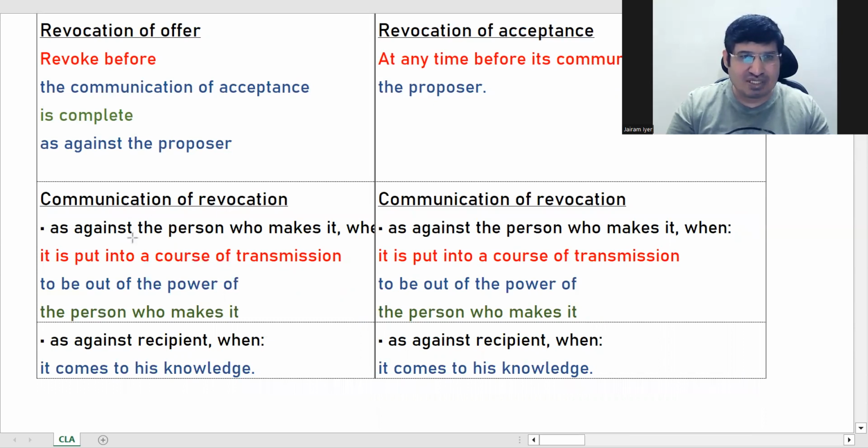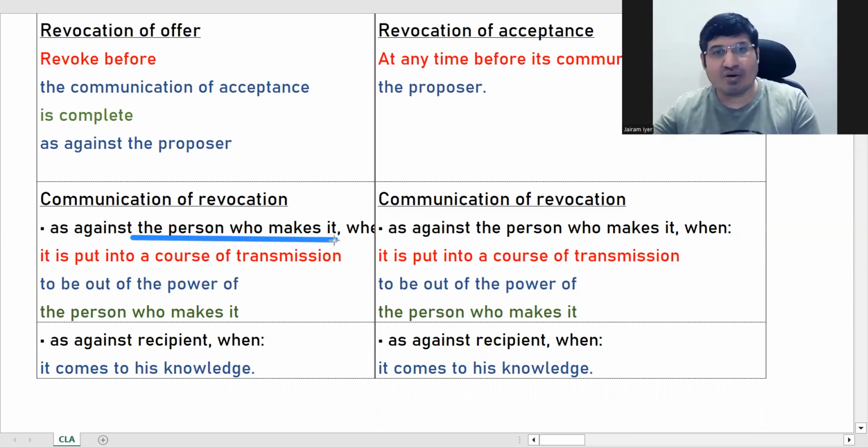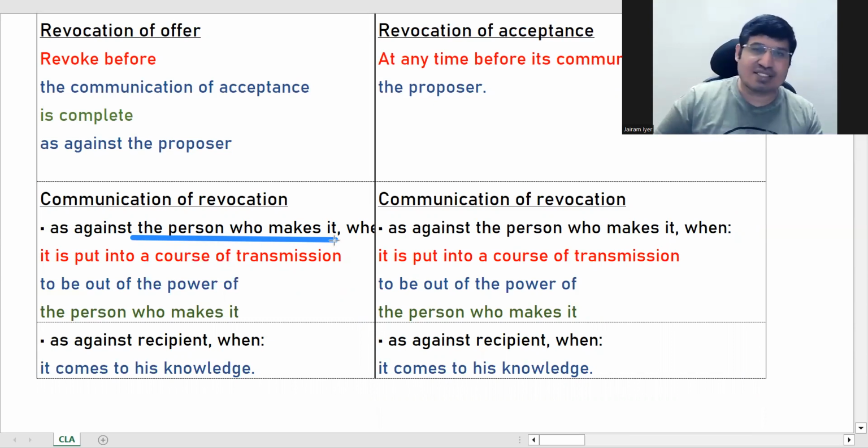As against the person who makes it, if it is an offer, it will be the offerer; if it is a revocation of acceptance, it will be the acceptor or the offeree.